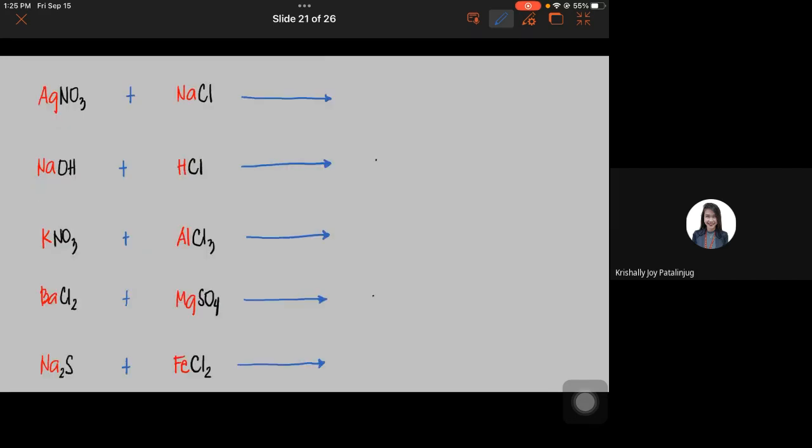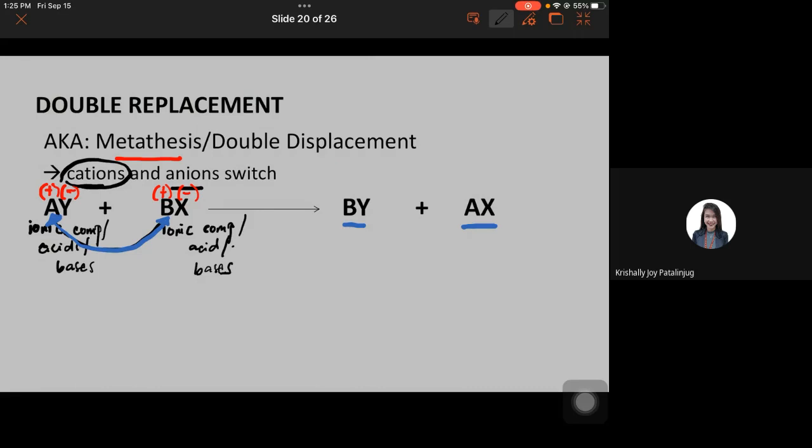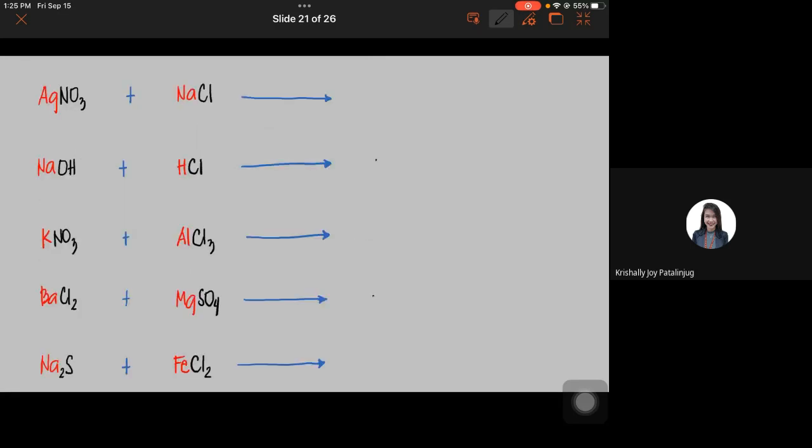Let's say, for example, all the given reactions in the slide are double replacement or double displacement type of reaction, because observe on the reactant side, the substances being reacted are all ionic compounds or bases, acids.